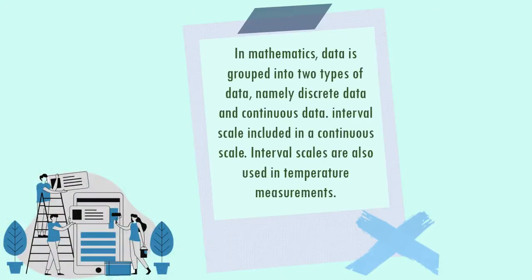In mathematics, data is grouped into 2 types of data, namely discrete data and continuous data. Interval scale is included in a continuous scale. Interval scales are also used in temperature measurements.